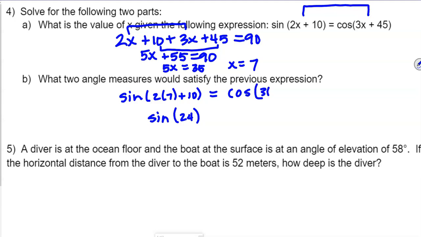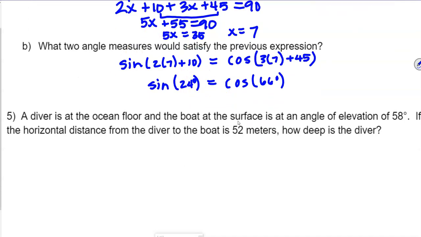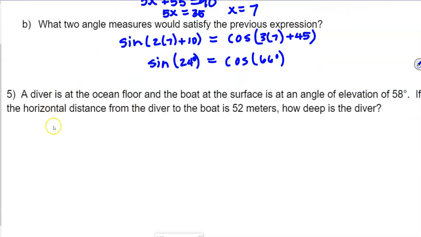So 3 times 7 is 21 plus 45, the cosine of 66, wouldn't it? There we go. And you can check that, y'all, by doing the sine of 24 and seeing if it is equal to the cosine of 66, okay?